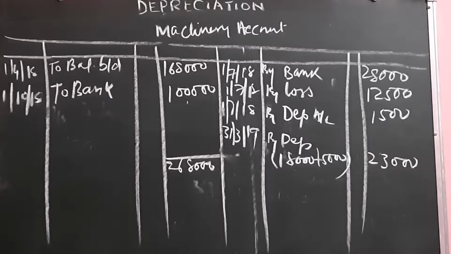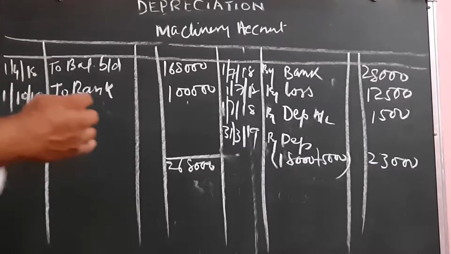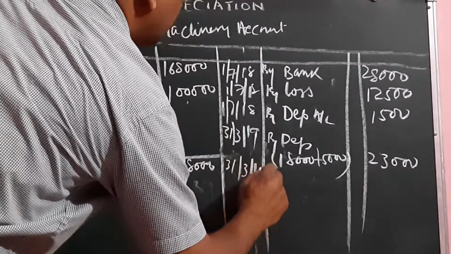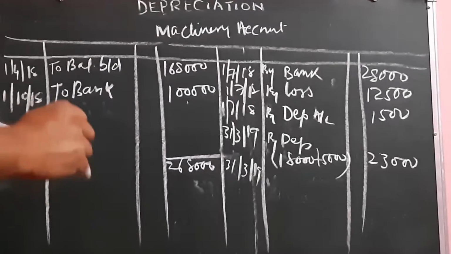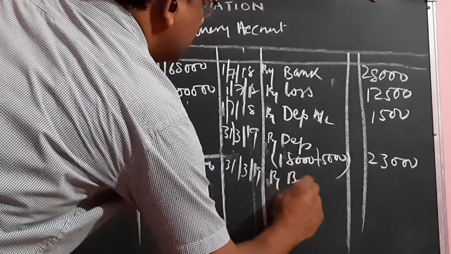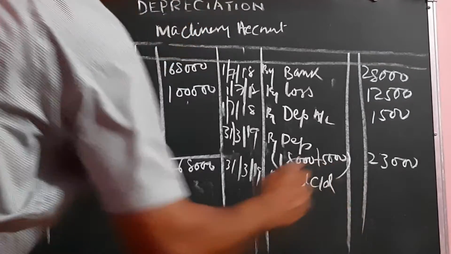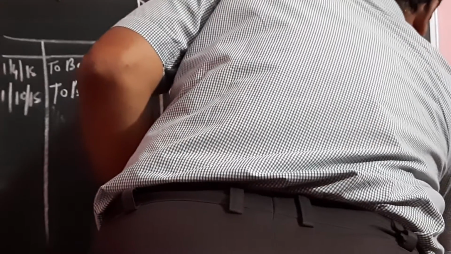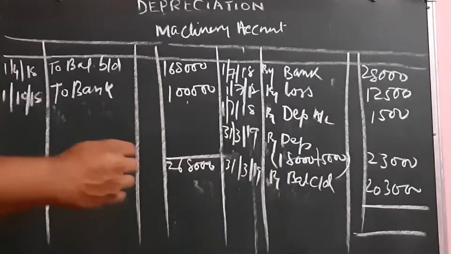And on 31st March 19, by balance c/d, the balance c/d will be 2,03,000. So total is 2,68,000.